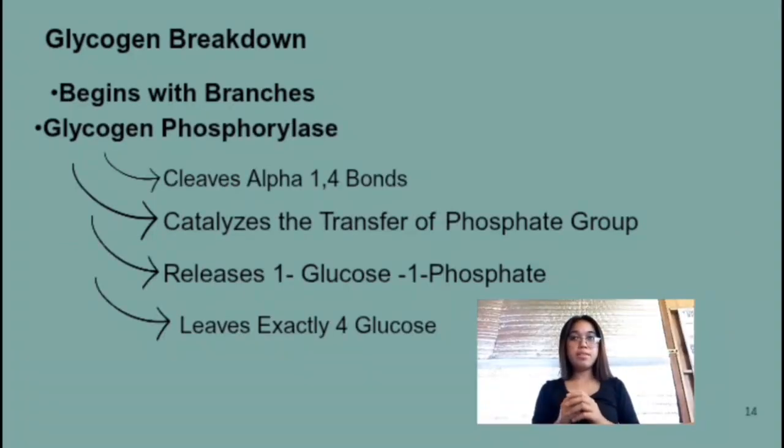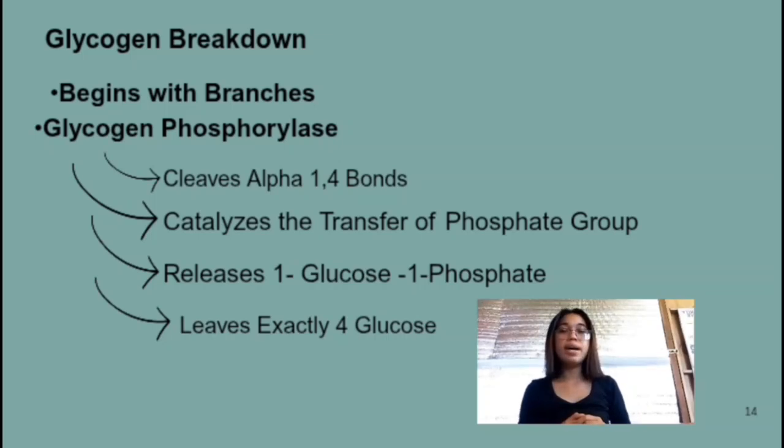So next is glycogen breakdown, which starts at the branches with the first enzyme, called glycogen phosphorylase, which cleaves the alpha 1,4 bonds and catalyzes the transfer of a phosphate group, releasing 1 glucose 1-phosphate molecule at a time.